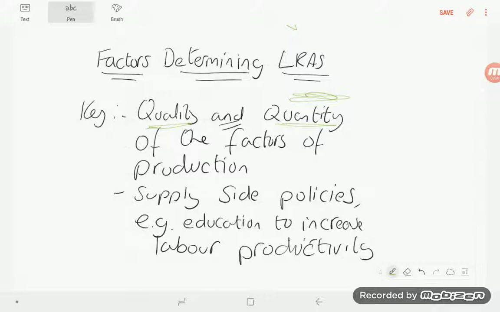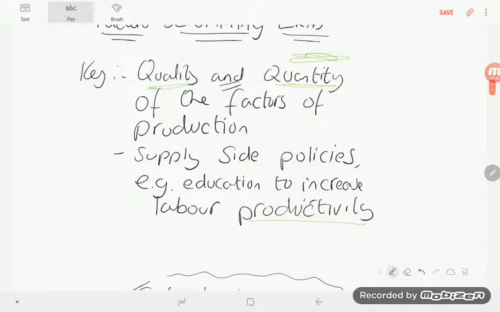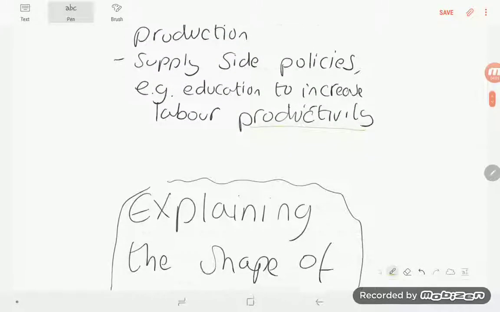In short, it means that more goods and services can be produced, and it will lead to an increase in productivity. Productivity is the increase in output per worker per hour. So if there's increased productivity, it's an increase in output per worker per hour. In other words, we're getting more output from our existing inputs.